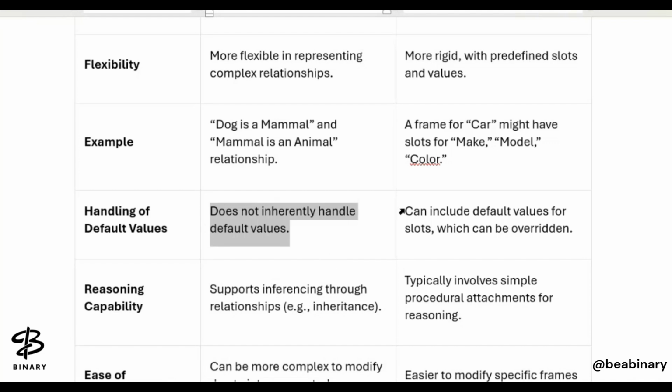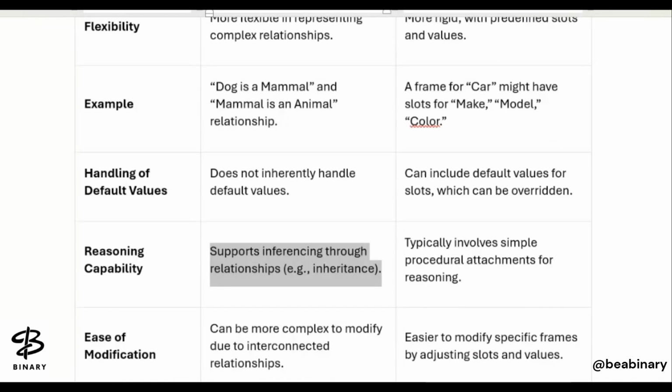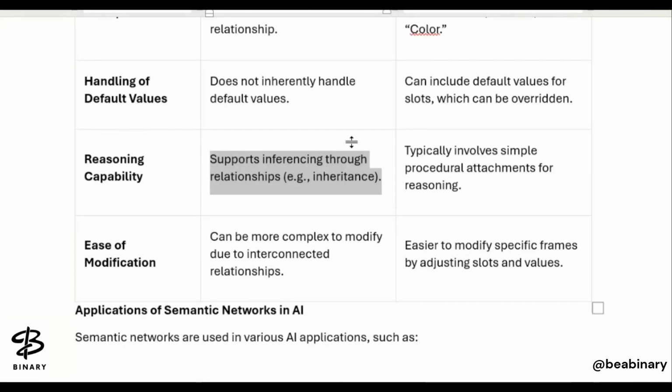But in a frame, because we are talking about inheritance, here we are talking about the overriding concept, the overriding of a function from the parent class, and it can include default values for the slots which can be overridden. For reasoning capability, where we are expecting something from a machine, a semantic network supports inferencing through relationships, for example, inheritance. And in a frame, we typically involve simple procedure attachments for reasoning.